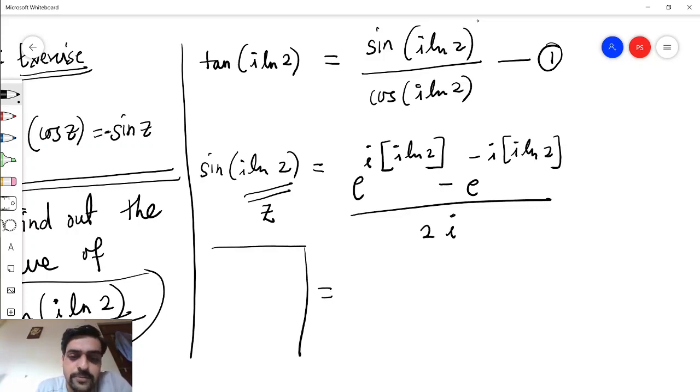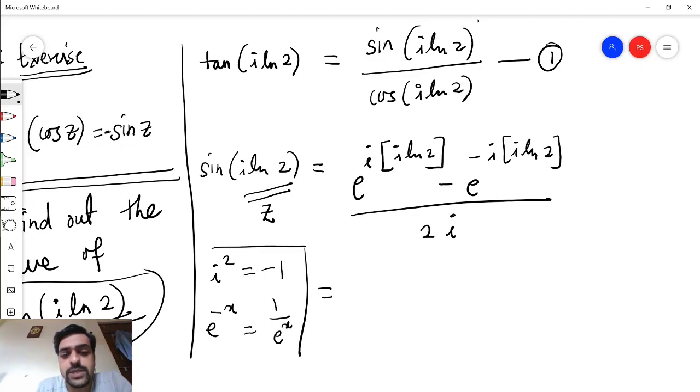now we have to skip a few steps and note that i squared is minus 1 and e raised to minus x is 1 upon e raised to x. So this i into i gives us i squared, which is minus 1, and minus log 2 is placed on the head of e.